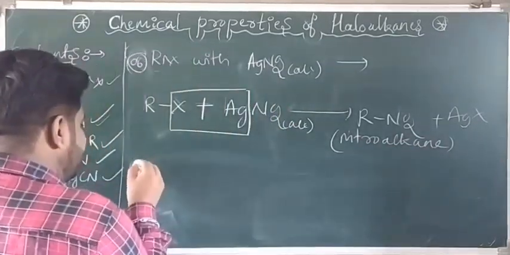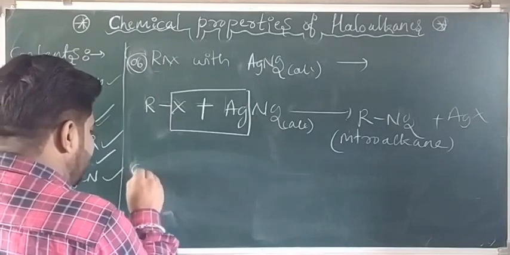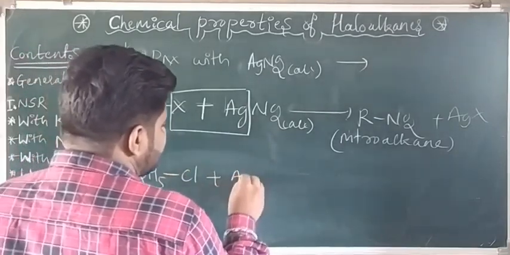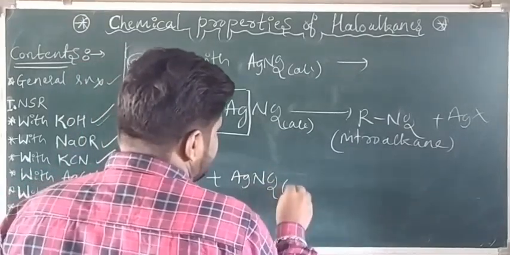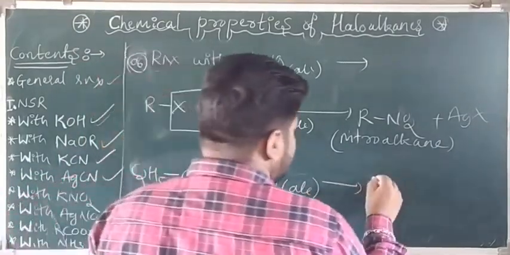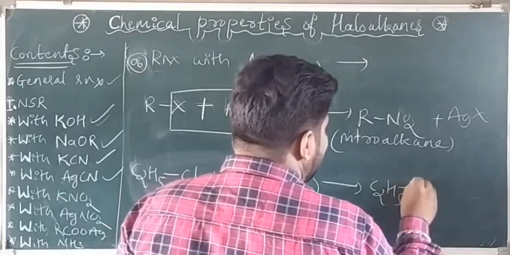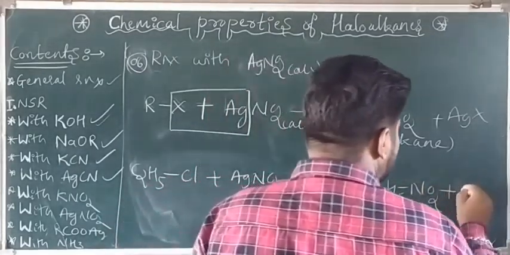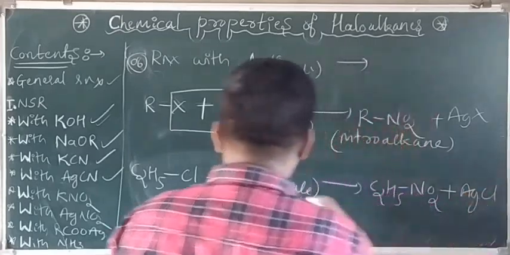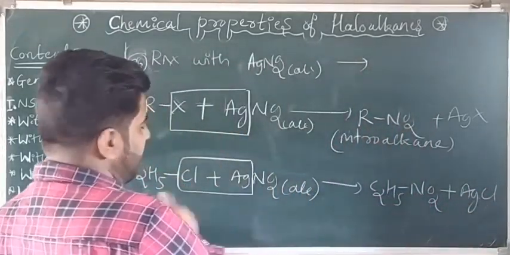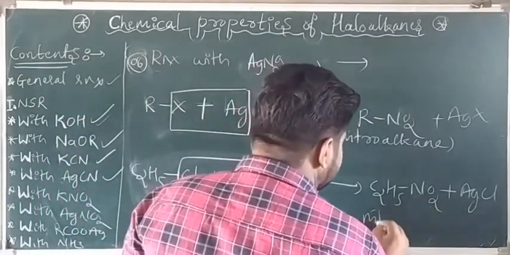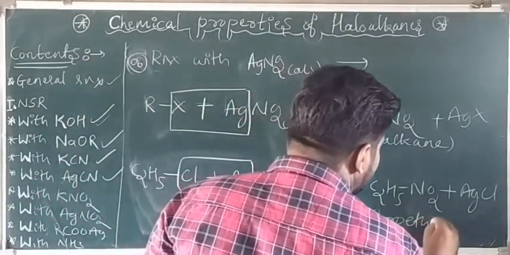So you can take an example. In place of R, we can write an ethyl group or methyl group. I have taken ethyl here. Ethyl chloride plus silver nitrite, that too alcoholic. So we are getting nitroethane, with AgCl as a byproduct. So AgCl is eliminated. This ethyl is bonded to NO2. So name of this one is nitroethane.